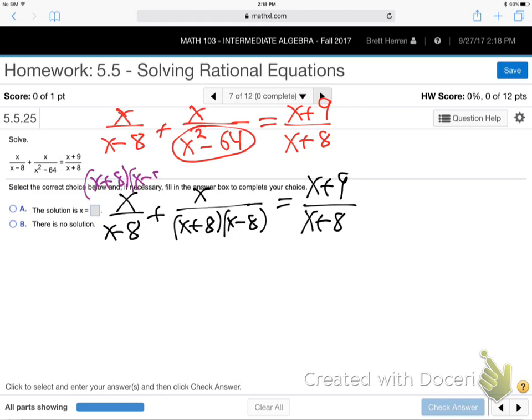X plus 8, x minus 8. Yeah, x plus 8, x minus 8. Multiply the second term too, so does that mean that the bottom just fully cancels and it's only x? Right. Okay.